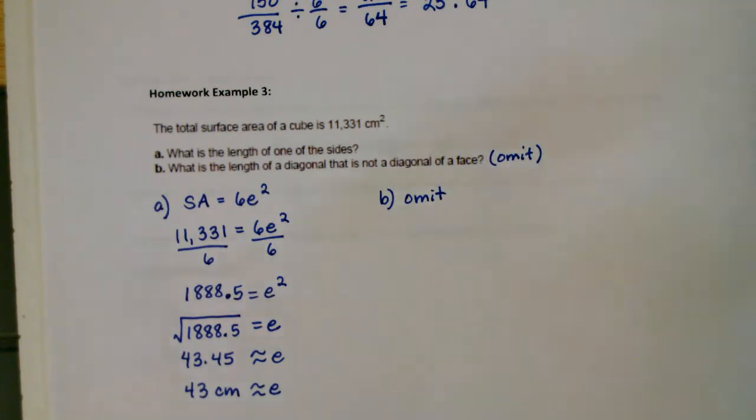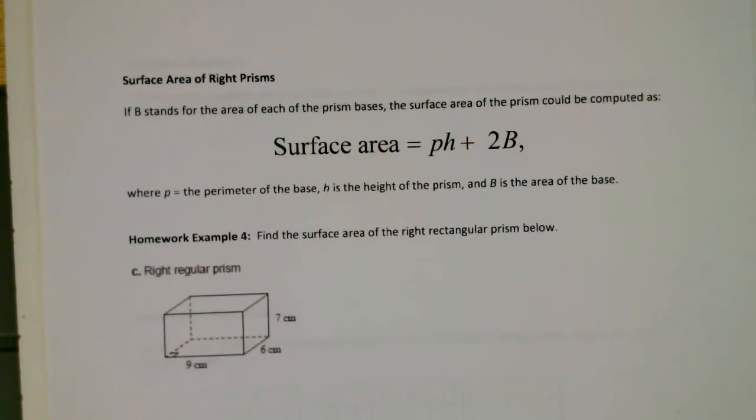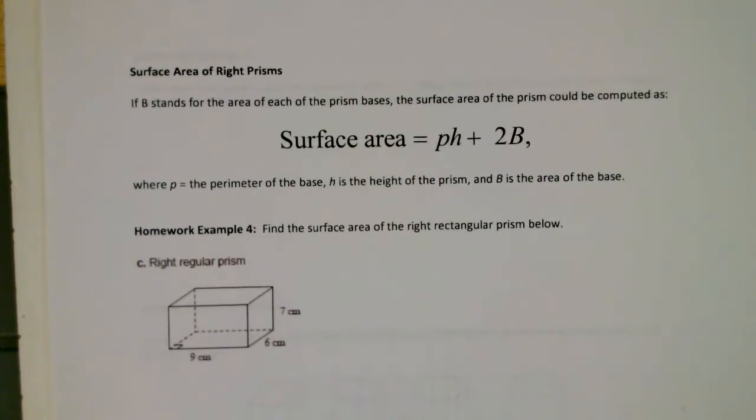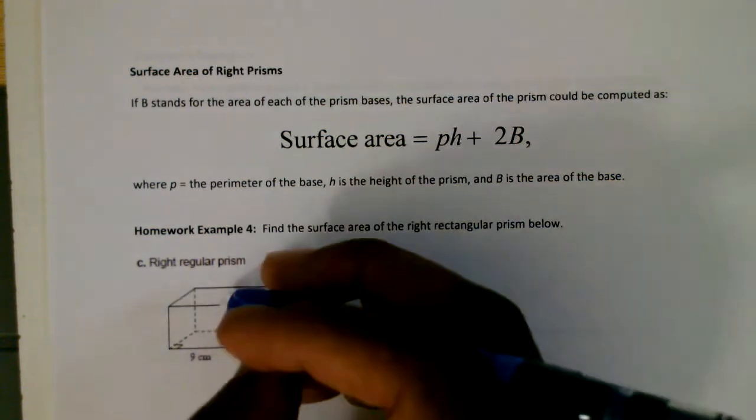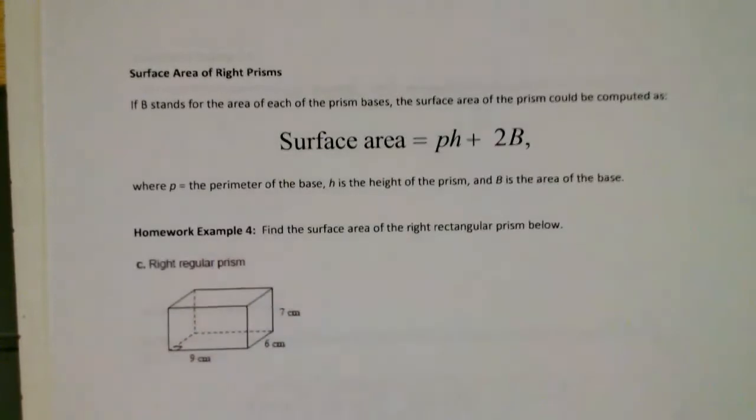Okay. All right, next we'll look at the surface area of a right prism. Okay, and here's the formula. If capital B stands for the area of each of the prism bases, and the bases are going to be the top and the bottom, in this case, the surface area of the prism could be computed as this.